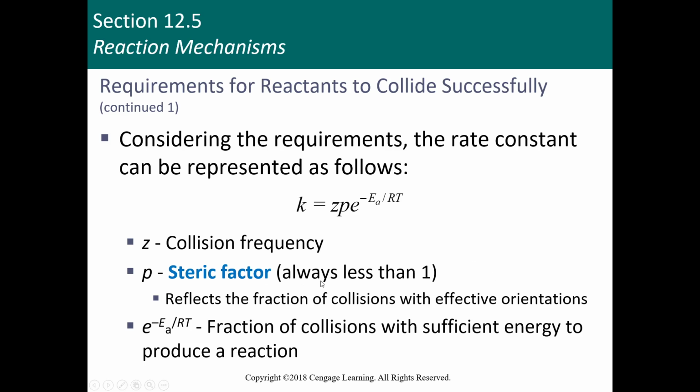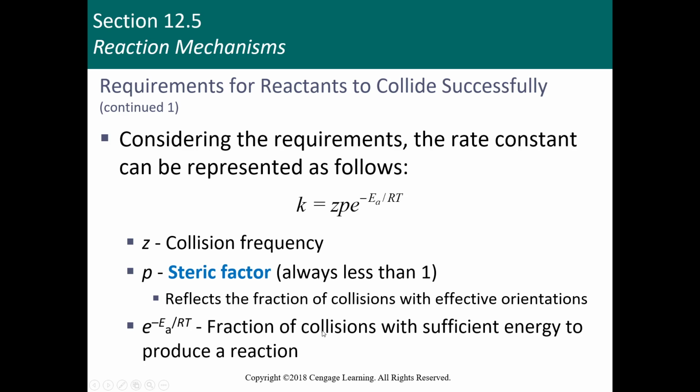This reflects the fraction of collisions with effective orientations. So Z tells you how often they'll collide. P tells you how likely those collisions are to be meaningful, to be effective in bonding or in reacting. And this last term is the temperature component and the activation energy component.